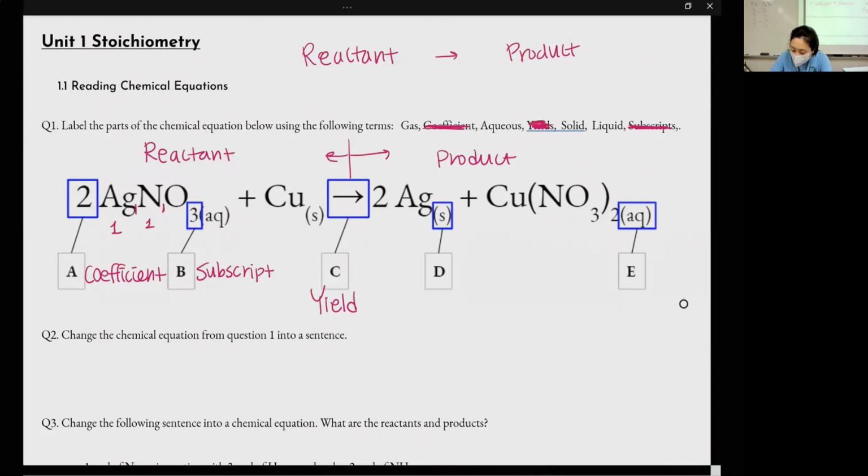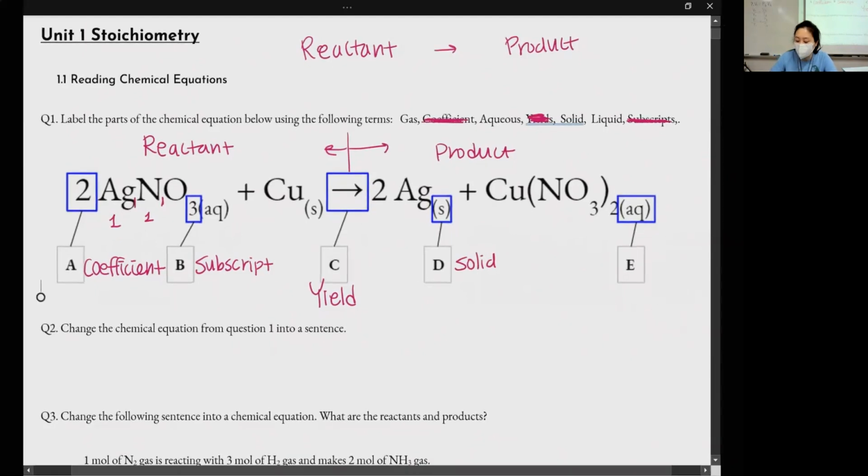All right. And then the C, we labeled as a yield. After the formula, we put a parenthesis to describe the state of matter. If you look at D, you're looking at the state of matter, which is solid, inside of the parentheses. That's how you depict the state of matter of Ag, which is silver.